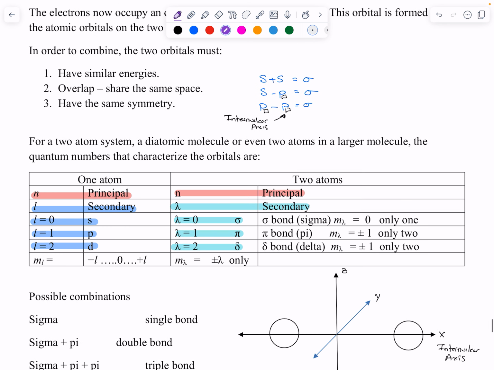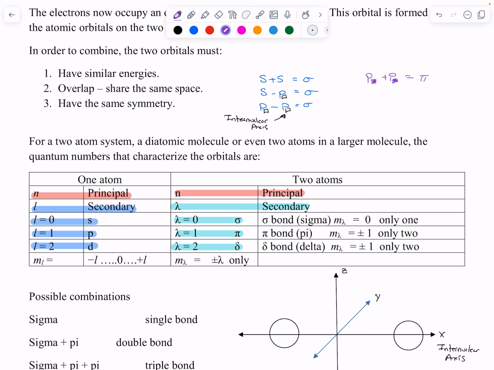So we got that going for us. For a double bond, it would be the sigma and a pi. And so a pi bond would be a p something plus p something. I'm going to fill these in so that you know they're not on the internuclear axis. That's a pi. And that's a double on the third bond.